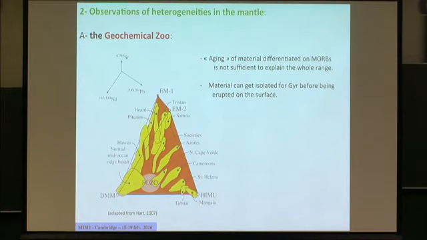Then there is also other observation that is telling us that some material that is brought back to the surface now by a hotspot or large igneous province volcanism has been isolated in the mantle for several billion years. So in a mantle that is convecting quite actively, as we're going to see, you cannot do this if the mantle is just homogeneous.